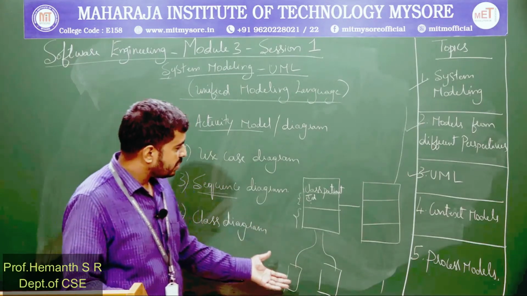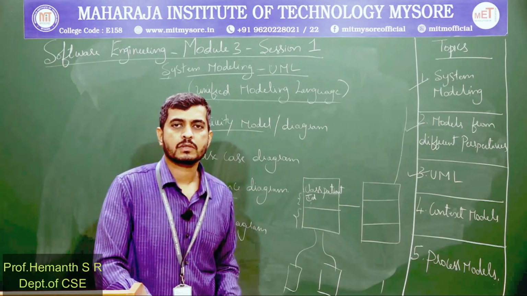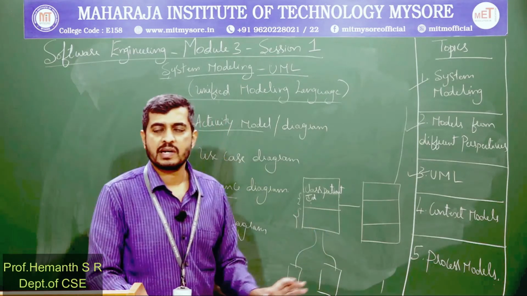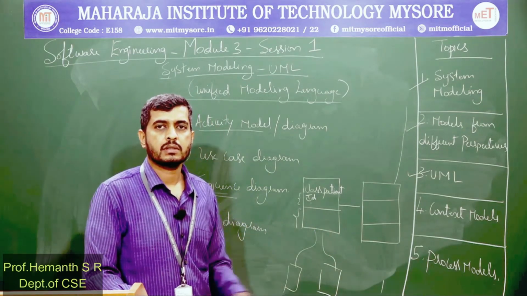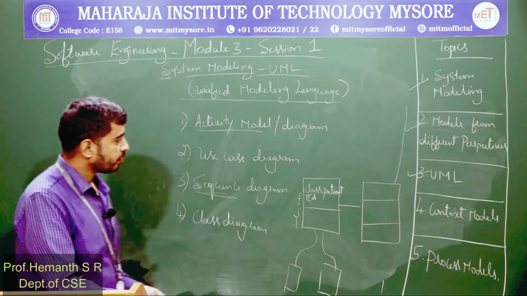You cannot get this information through a class diagram. It's a static model. But still you can get to know the different classes and their attributes. So that was the fourth one.